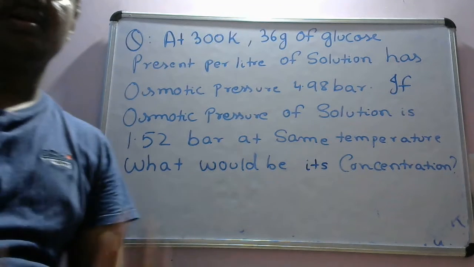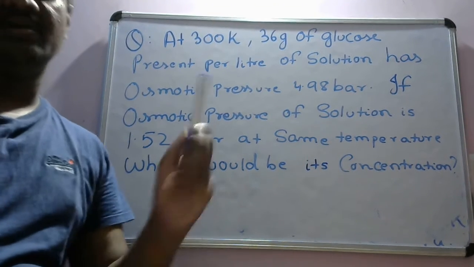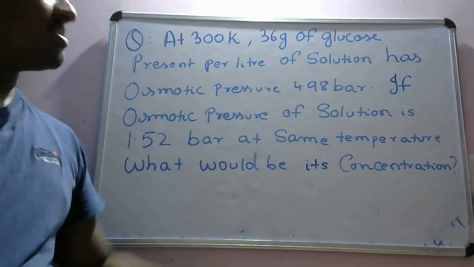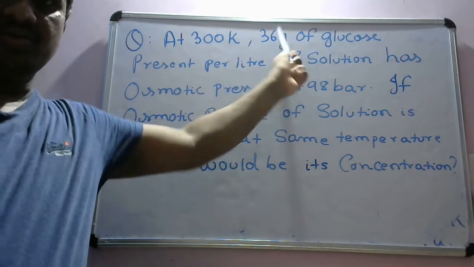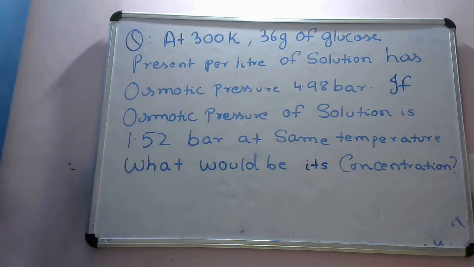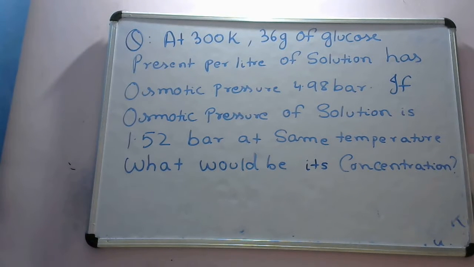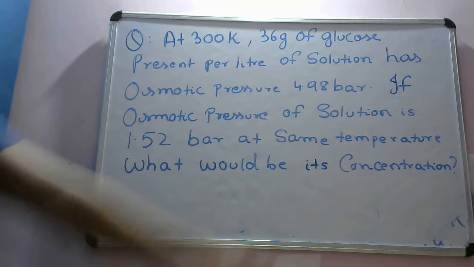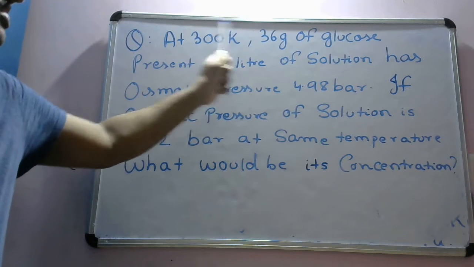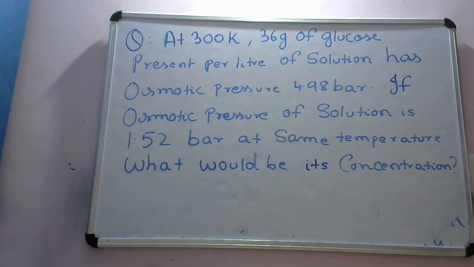That is, at a particular temperature, 300 Kelvin, the mass of solute, glucose, is 36 gram. It is dissolved in 1 liter of solution. If this much glucose is dissolved, then you get the osmotic pressure 4.98 bar at temperature 300 Kelvin.